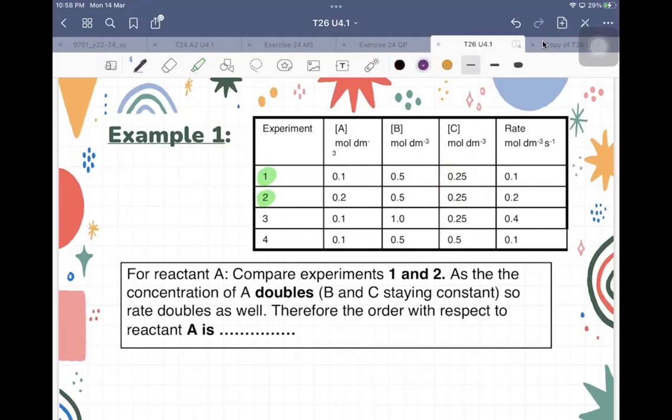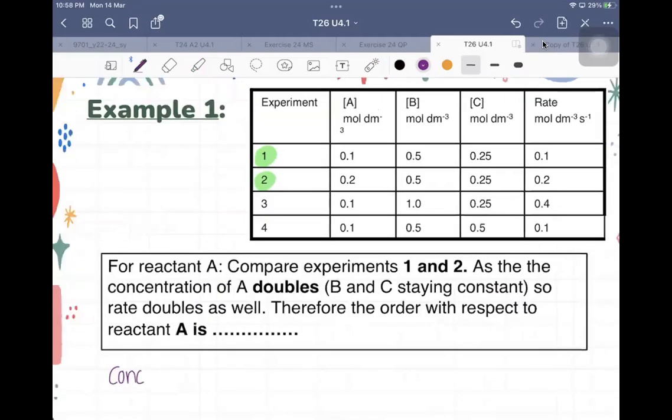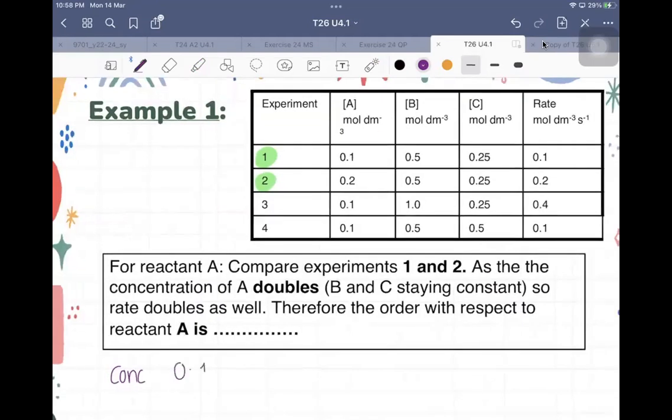So the concentration, maybe I do it here so you can see. Concentration for experiment 1 and 2, you go from 0.1 to 0.2, and the rate you go from 0.1 to 0.2 as well.